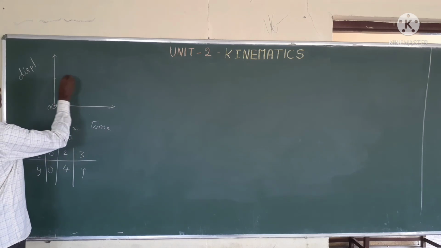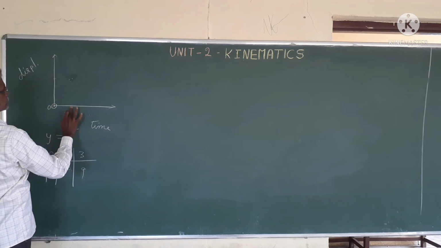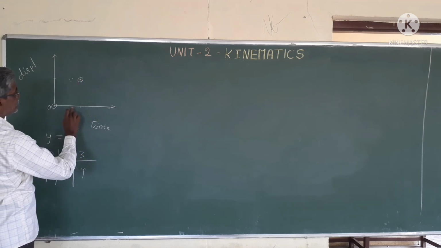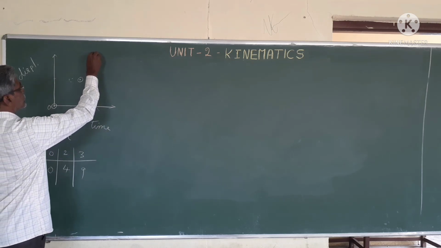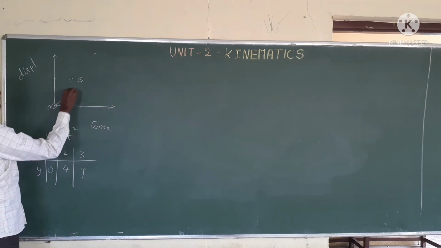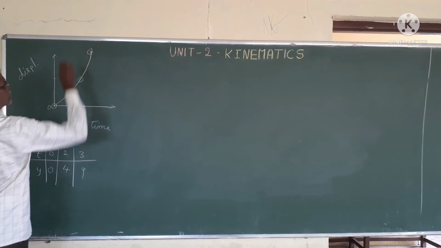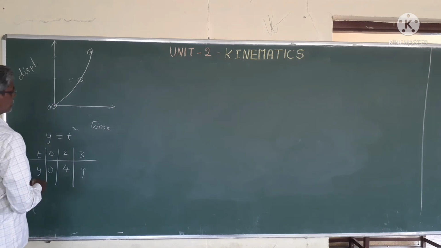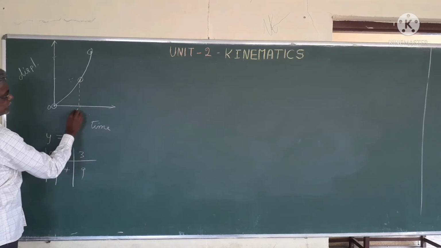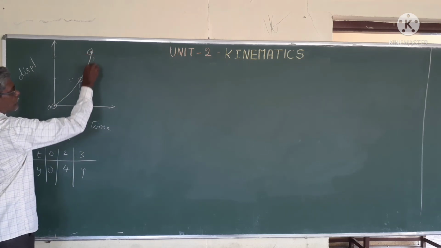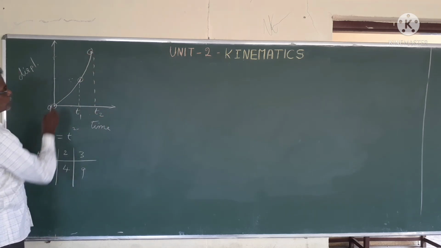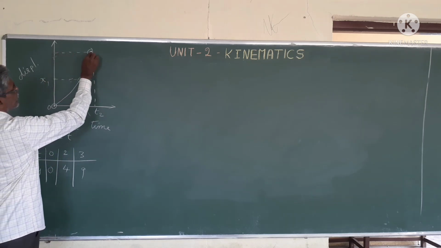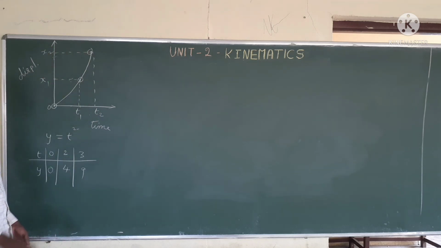Next 2 comma 4 and 3 comma 9. So now you plot this graph. So this position is, let it be generally t1, and this position is t2. This one will be x1 and this one is x2.